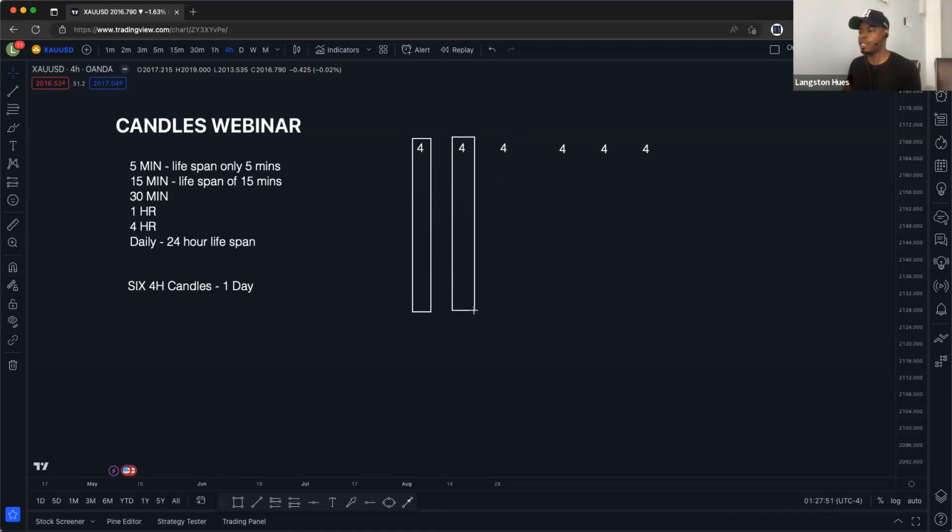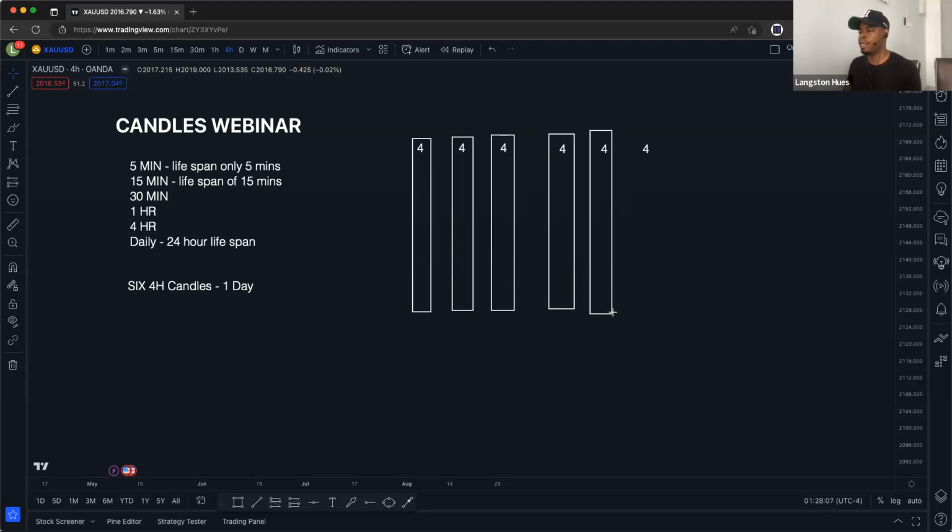If we're talking about Eastern Standard Time, keep in mind, we should always be looking at the charts and focusing on the charts according to New York time, because it's the largest financial market in the world. And price and trading is all based on time and events, but time, right?